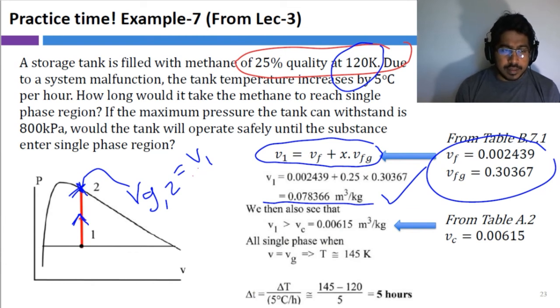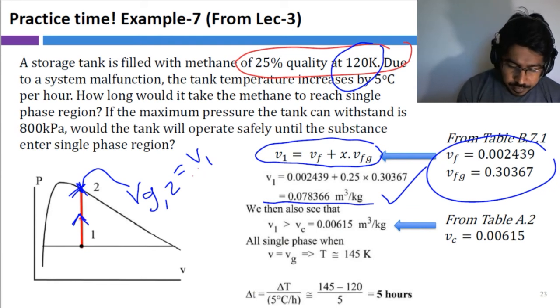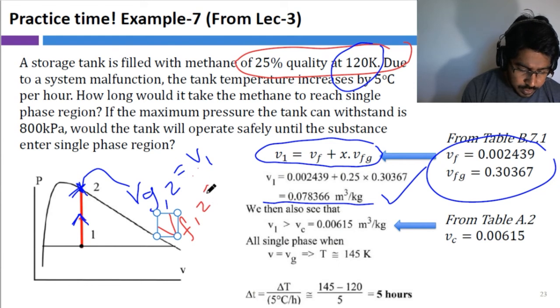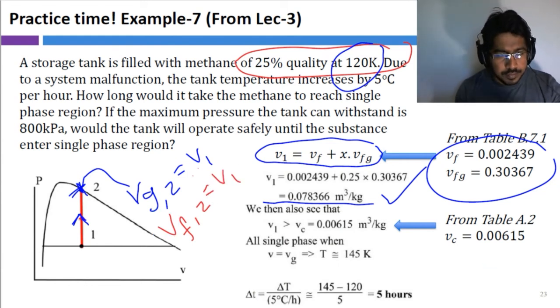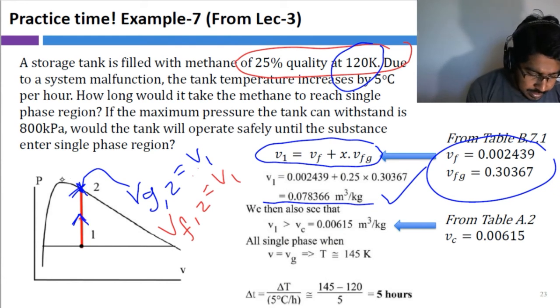Perfect. But there's a catch here. First, we need to check whether we want to write Vg2 equals V1 or Vf2 equals V1, because let's say our critical point is here.